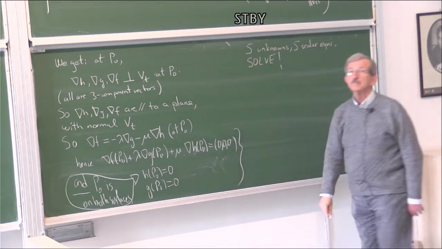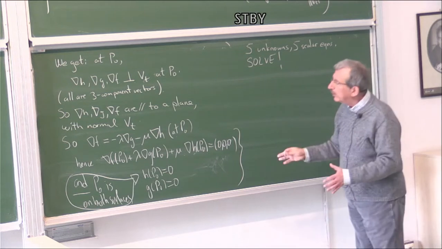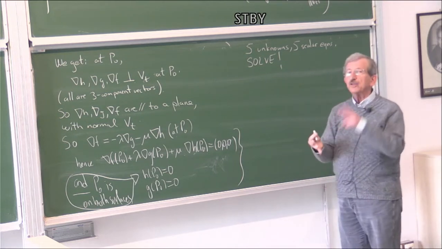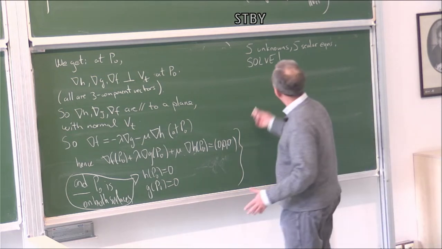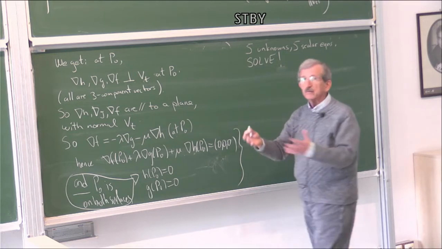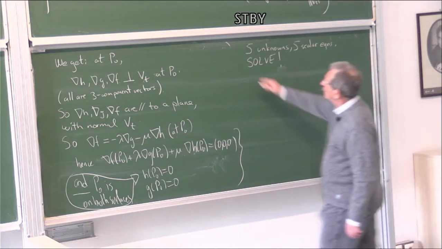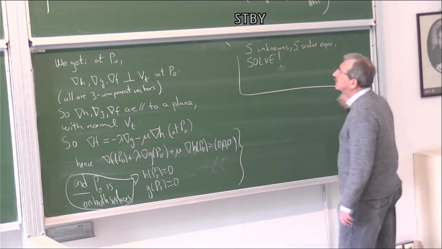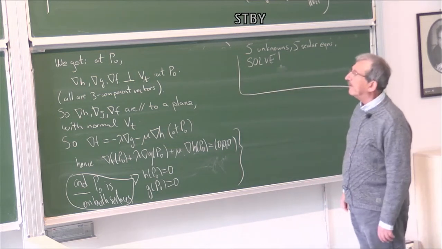So, of course, we are not interested in lambda and mu. We are interested in x0, y0, and z0. You can solve all 5 of them, but we are interested in the point. So this is Lagrange's method in 3 variables.